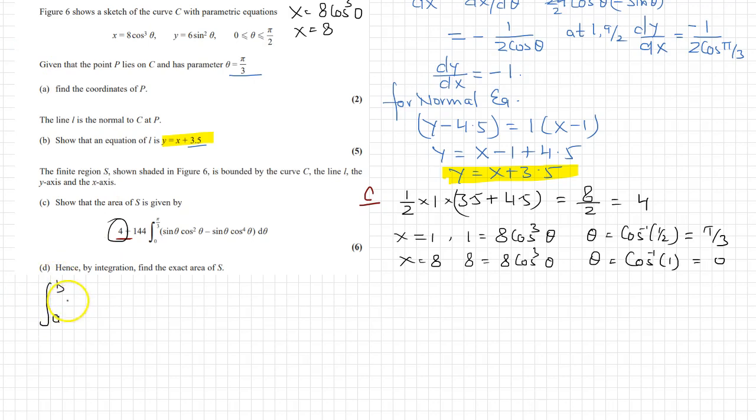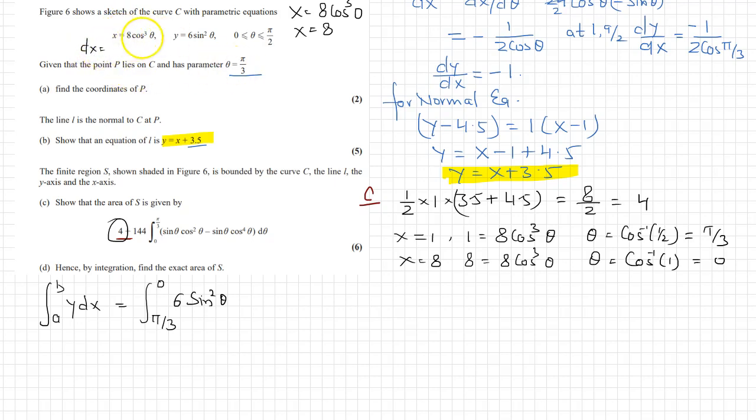integral a to b of y dx. So that is equal to, this is pi over 3 to 0. y is 6 sine square theta dx.